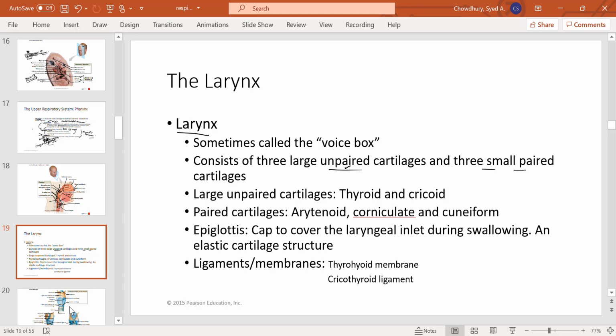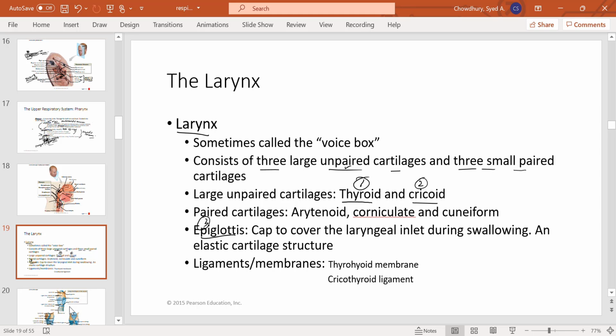That means one each of each type. So three large unpaired cartilages and three small paired cartilages. Unpaired cartilages are thyroid, cricoid, and epiglottis. So these are three single or unpaired cartilages.